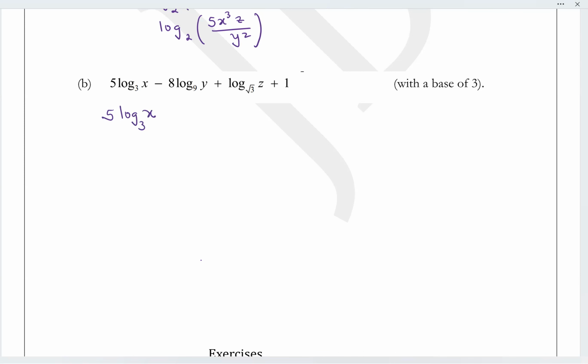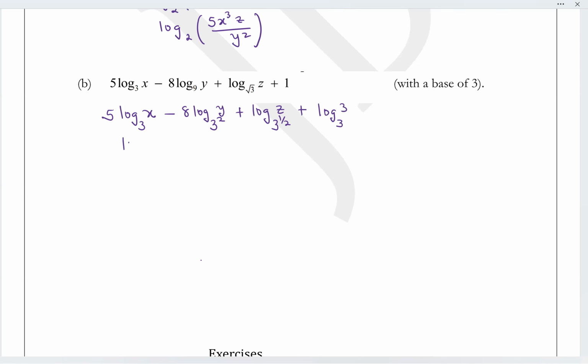We keep base 3 minus 8 log of what? 3 squared of y plus log 3 to power half of what? Z plus 1. Now, this 1, since we want to go to base 3, we can write 1 as what? Log base 3 of 3.